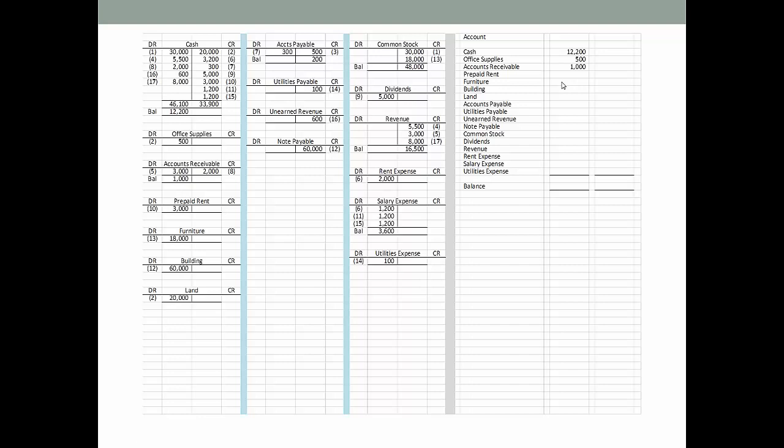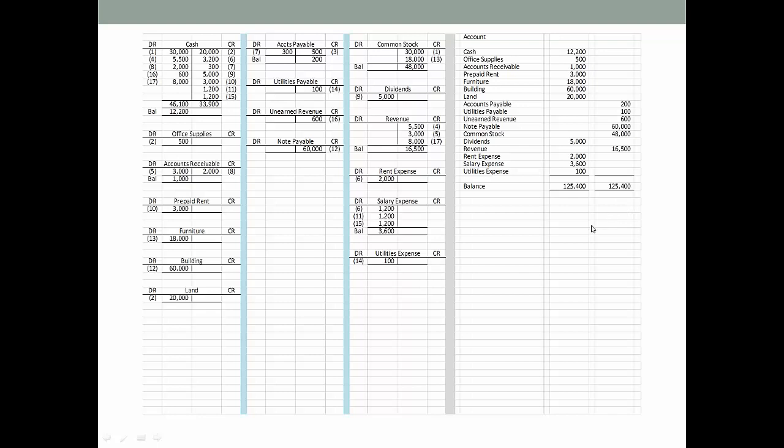Office supplies, accounts receivable, prepaid rent, furniture, building, land, accounts payable, our first credit we see here, utilities payable, unearned revenue, note payable, common stock, dividends is a debit, revenue credit based, expenses debit based. So now we're going to add up all of the debits and all of the credits, and we can see that we were in balance.